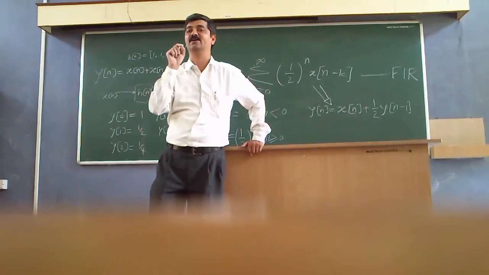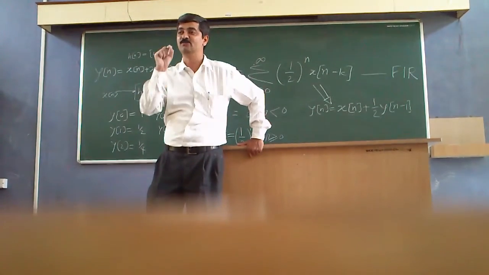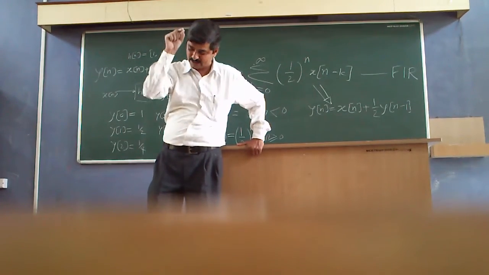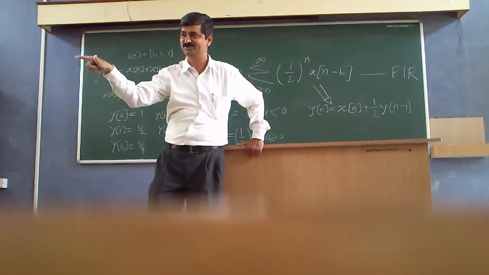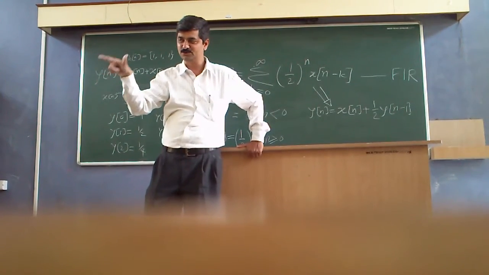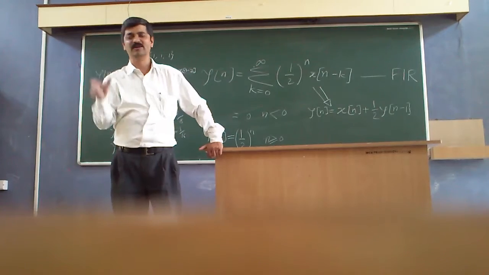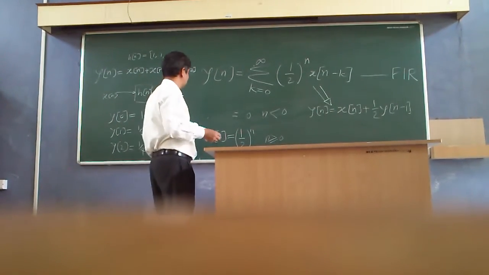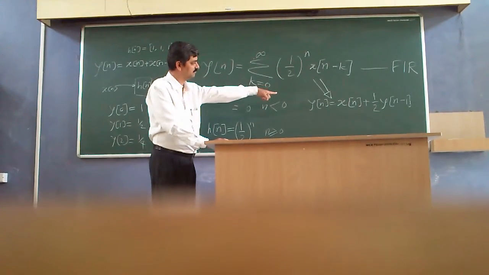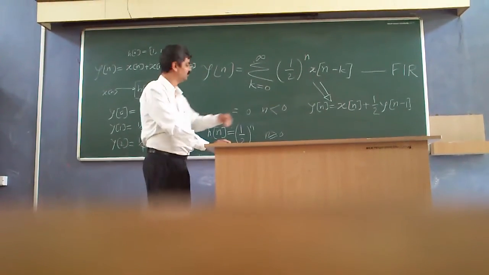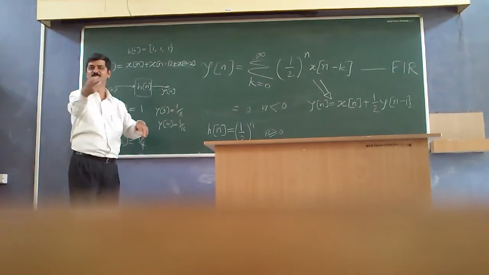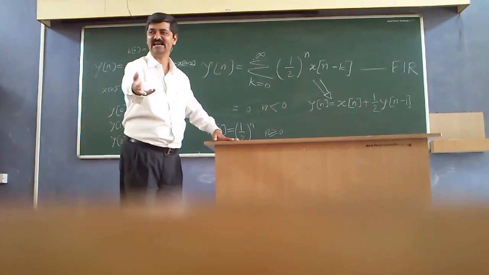Why? Because our current output is a weighted average of all current and all previous inputs. The weights may differ. So it is possible. Let us take this simple case, h n equal to half raised to n. We write it using y n is equal to x n plus half y n minus 1. So you get 1, half, 1/4, 1/8, 1/16, 1/32, like that.